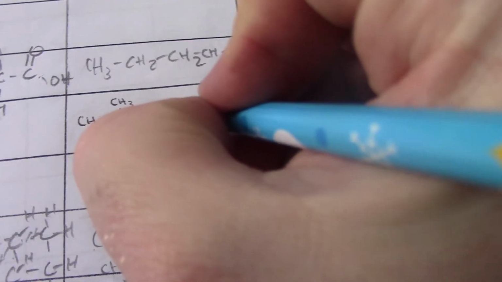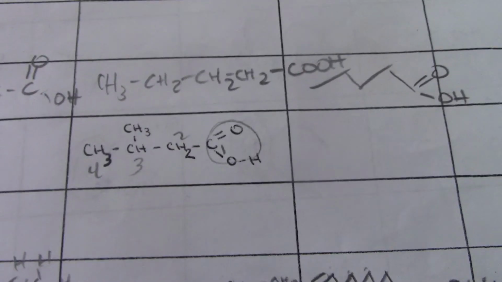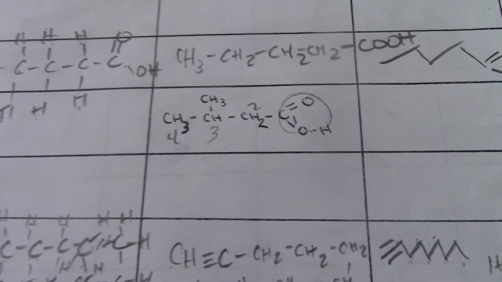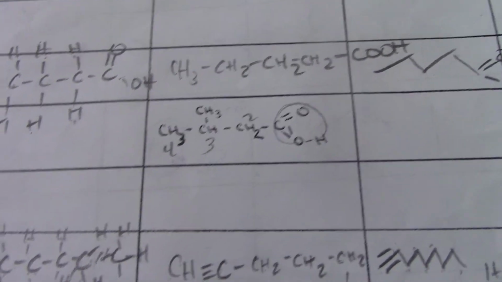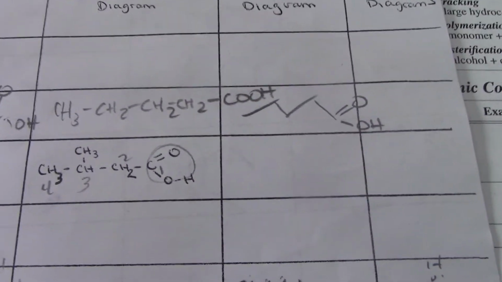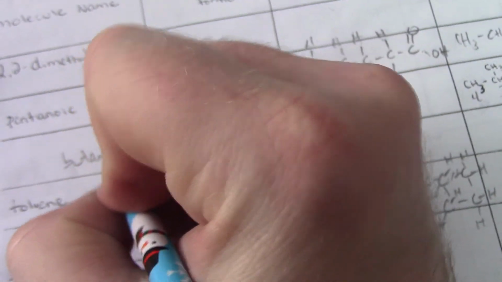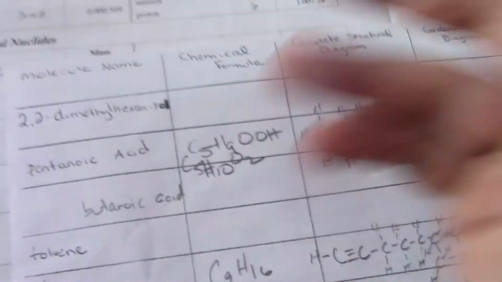Now, just like any of the other functional groups, you could have side branches off of this as well. So this is carbon 1 because it's closest to where the functional group is. So my parent chain is 1, 2, 3, 4 carbons. So it's butane, and it's a carboxylic acid. So it's butanoic acid. And there's a methyl group.